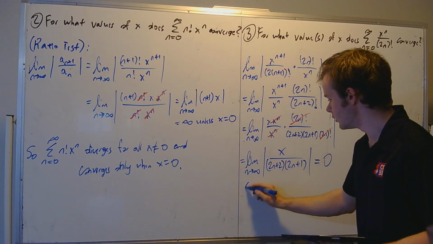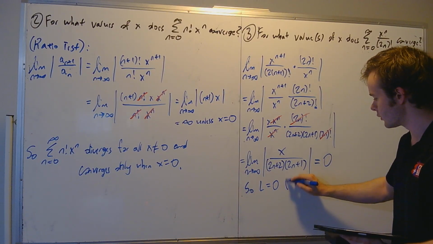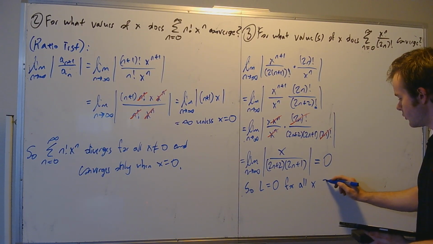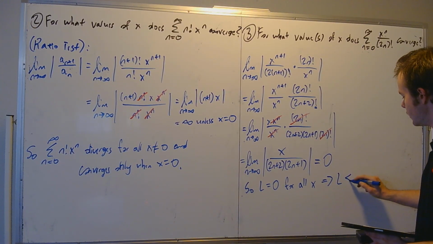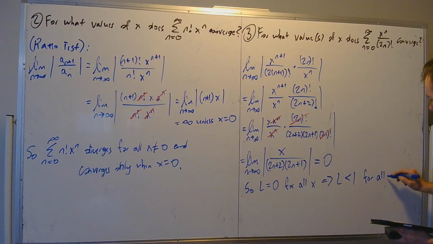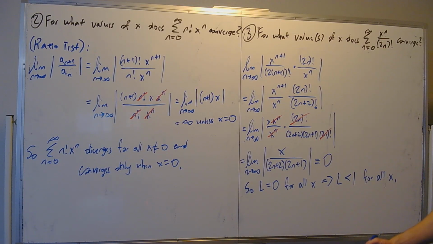So we'll say here, L equals 0 for all x, which is going to imply that L is less than 1 for all x. And remember what our conclusion was, if L is less than 1, then our series is convergent.